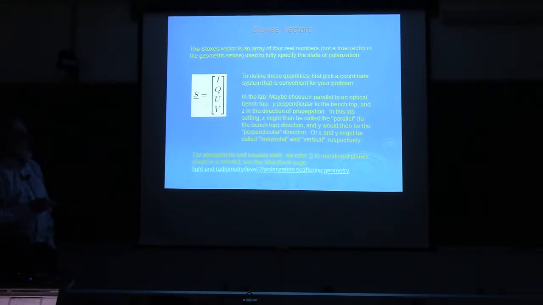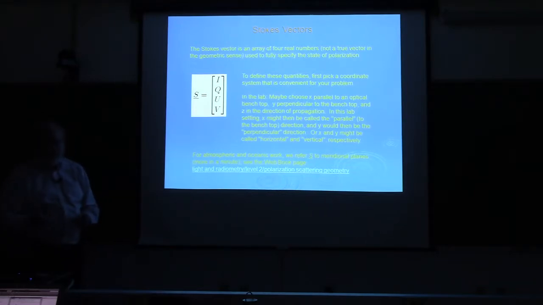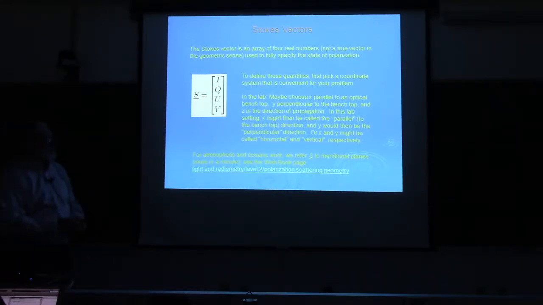And to define those, you need to pick a coordinate system that's convenient for your problem. So if you're working in the lab, you might say, let the x-axis be parallel to the bench top, let the y-axis be vertical, and then x cross y would be the direction the light is going. That's what's convenient for a laboratory study.